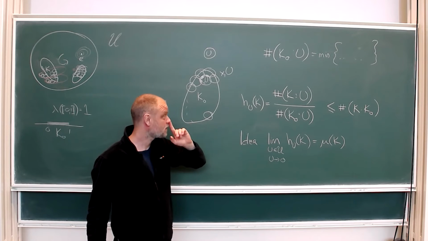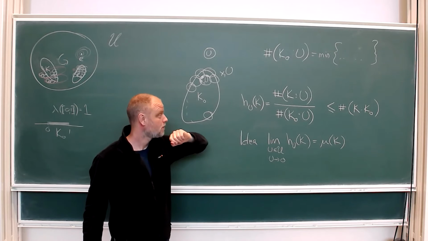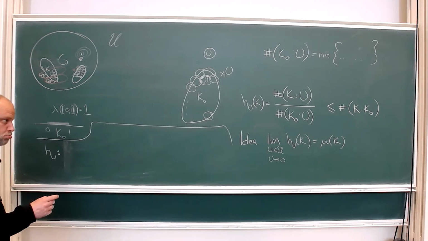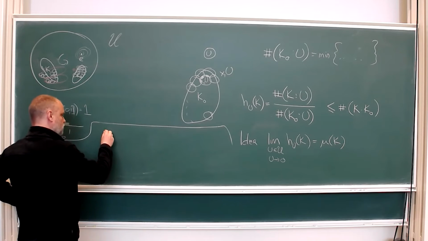Because, all right, this is now a function that for every compact set K gives a value. No, I got this mixed up. So what is the function on?